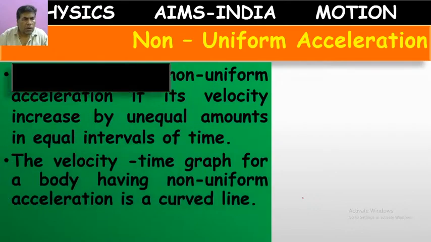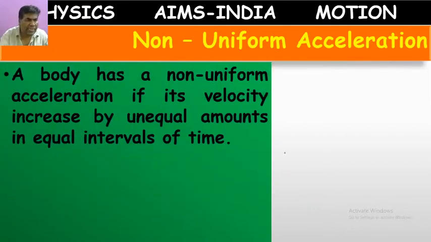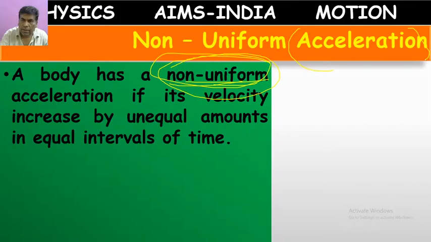Next, non-uniform acceleration. What is non-uniform? In the name itself, non-uniform means not the same. But here acceleration is there, which means velocity should increase, but in unequal amounts.